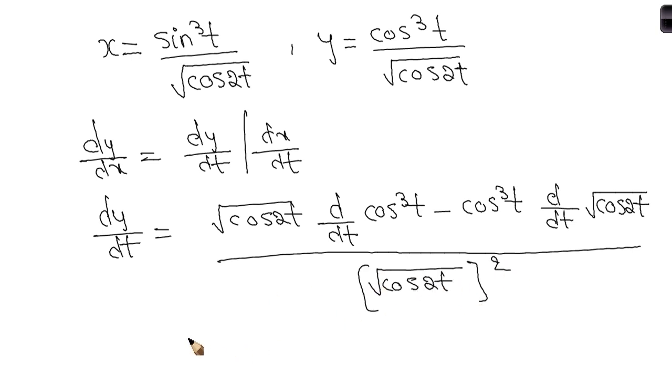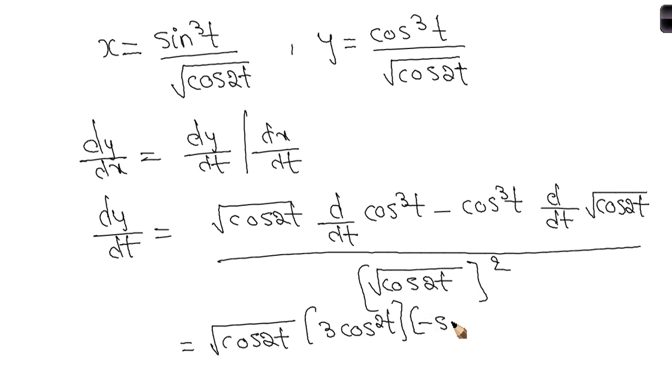So that is the same as root cos 2t into 3 cos square t into the derivative of cos t again, which would be minus sin t, minus cos cube t into the derivative of root of cos 2t, which is 1 by root cos 2t into the derivative of cos 2t, which is minus 2 sin 2t.